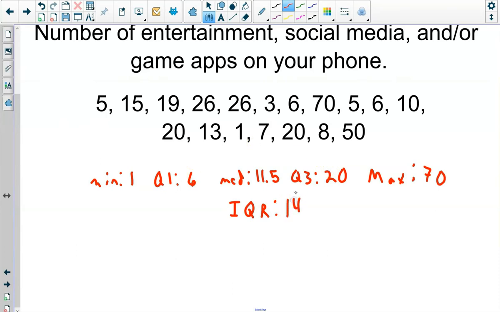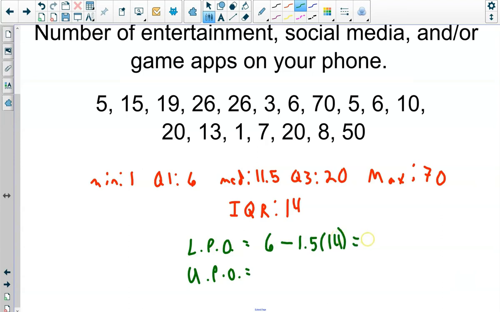And now we can figure out the lower potential outlier value, and we can figure out the upper potential outlier value. So to figure out the lower, we'll take quartile 1, which is 6, minus 1.5 times 14. Well, 1.5 times 14 is 21. 6 minus 21 is negative 15.